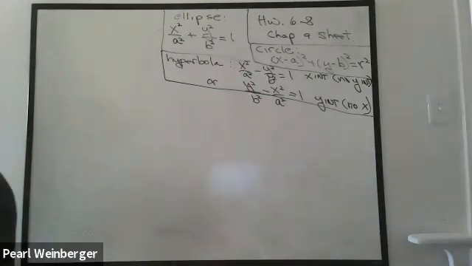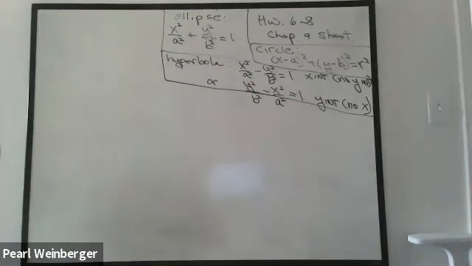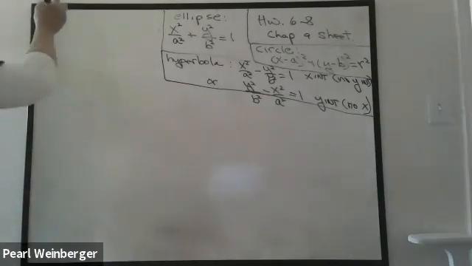And all you have to do is be able to recognize what the graph looks like. So let's say I gave you, I'm going to do two examples. Example number 1, let's do number 15.